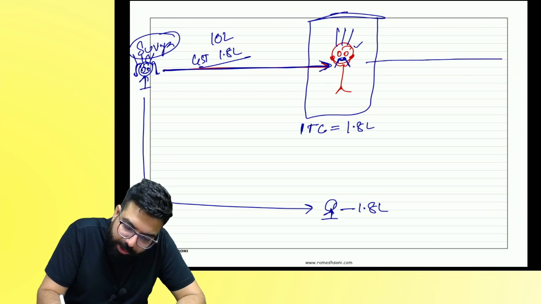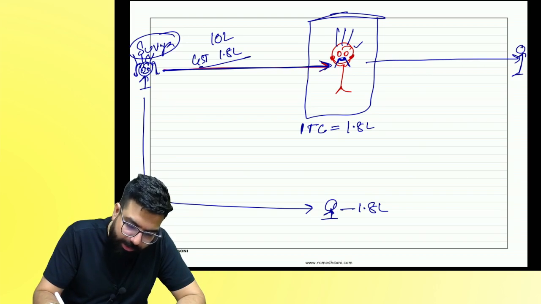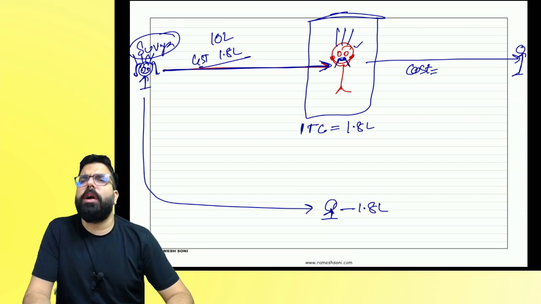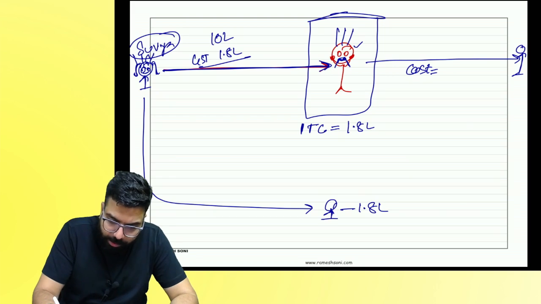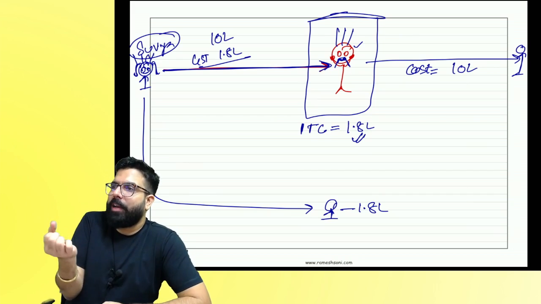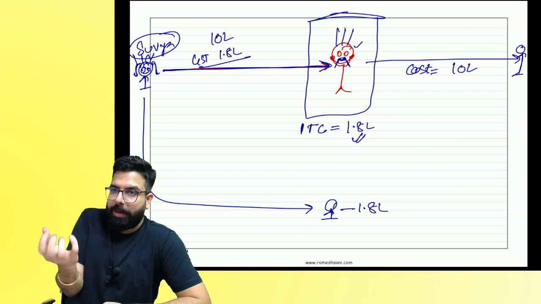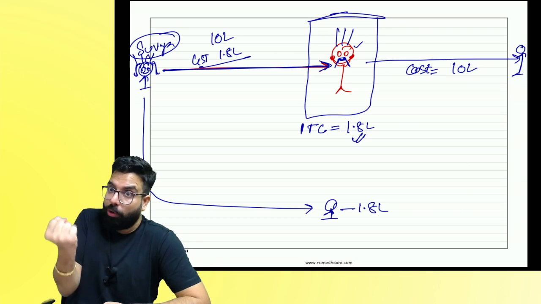Can you tell me what is your cost now? Rahul, cost 10 lakh. Why 10 lakh? 1.8 lakh you got the credit. It's like you paid Paytm and Paytm gave it back to you. Cashback types. But as of now, you have not got it. But you can use it.